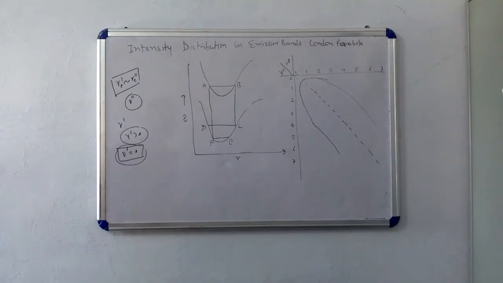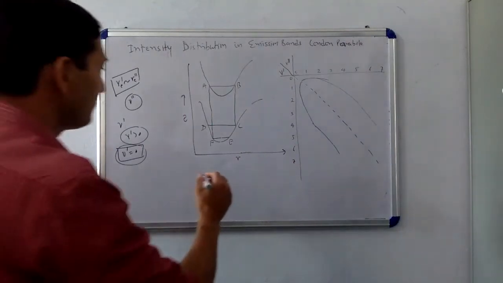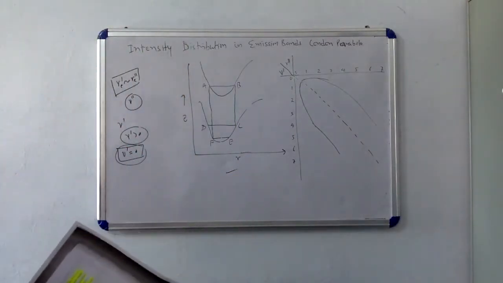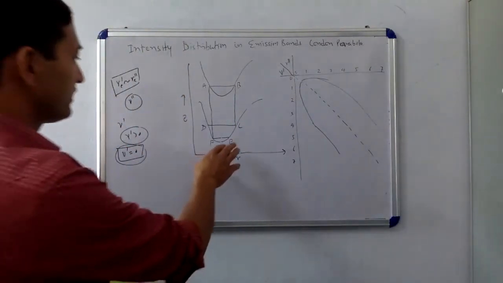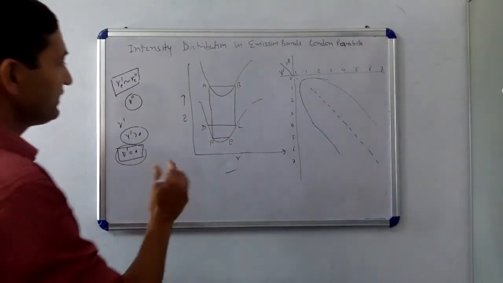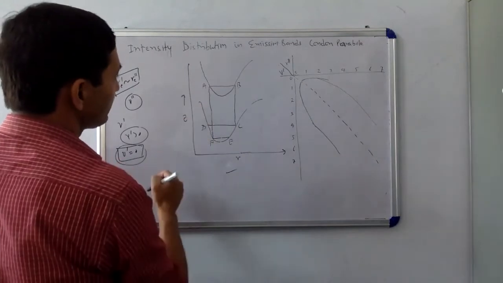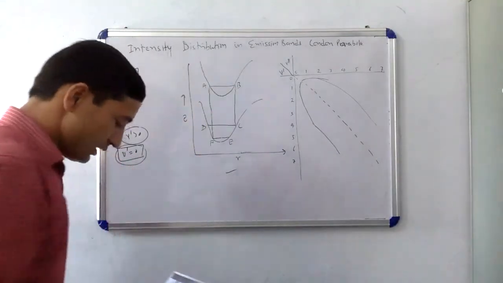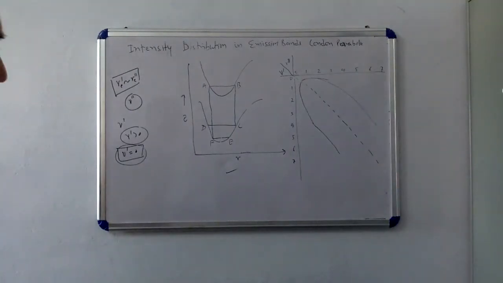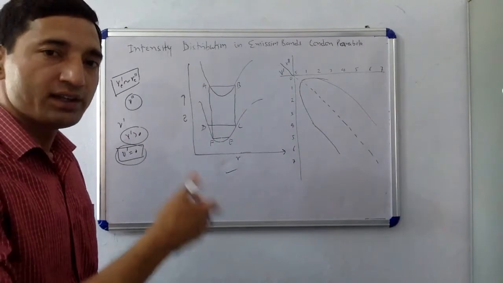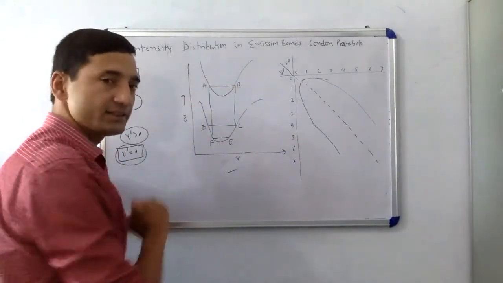In order to understand how this is happening, suppose we have this transition; this is the potential energy diagram for the electronic states. Suppose you have an excited level with turning points A and B. As we know, the atoms stay for a longer time at these turning points.